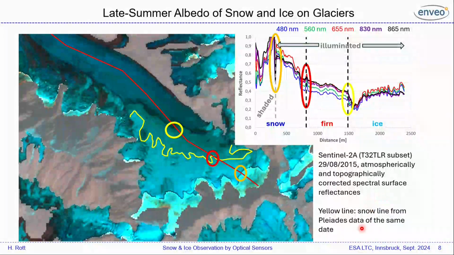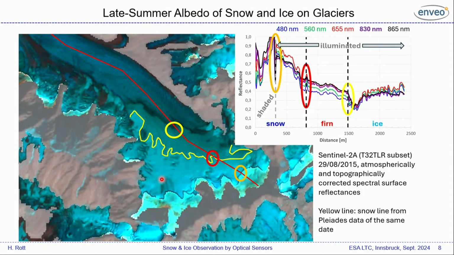For this course, there were also Pleiades data, high-resolution optical data, available to check for the different glacier facies zones. And this is this yellow line. So we had here in the uppermost part snow from the last winter, not much left, which we can see.